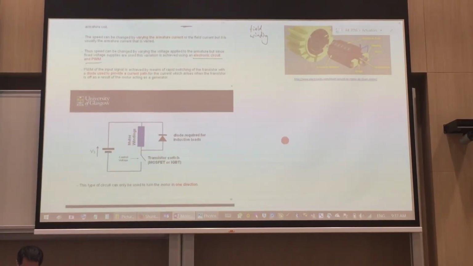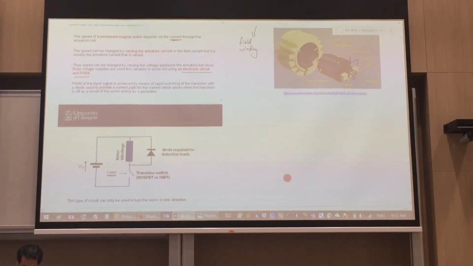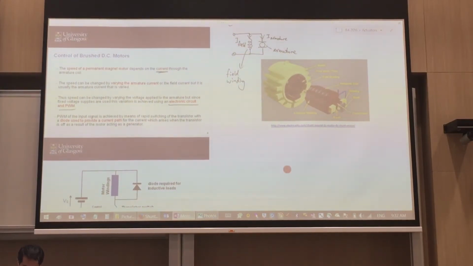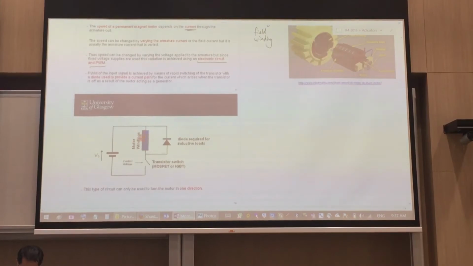So to give you an overview of how the MOSFET or the IGBT transistor is coming in. Normally we have the power supply connecting to your motor windings. So your motor windings would include your field winding and your armature winding. So that's your motor windings over here.